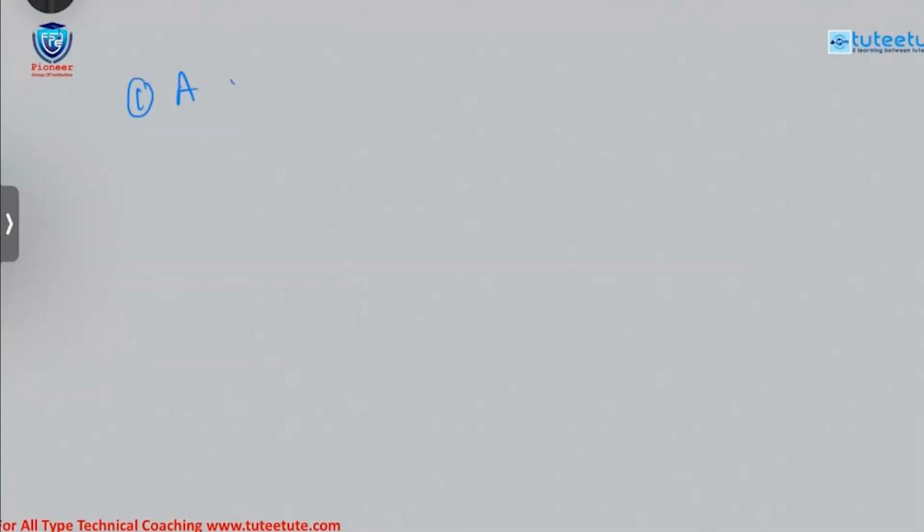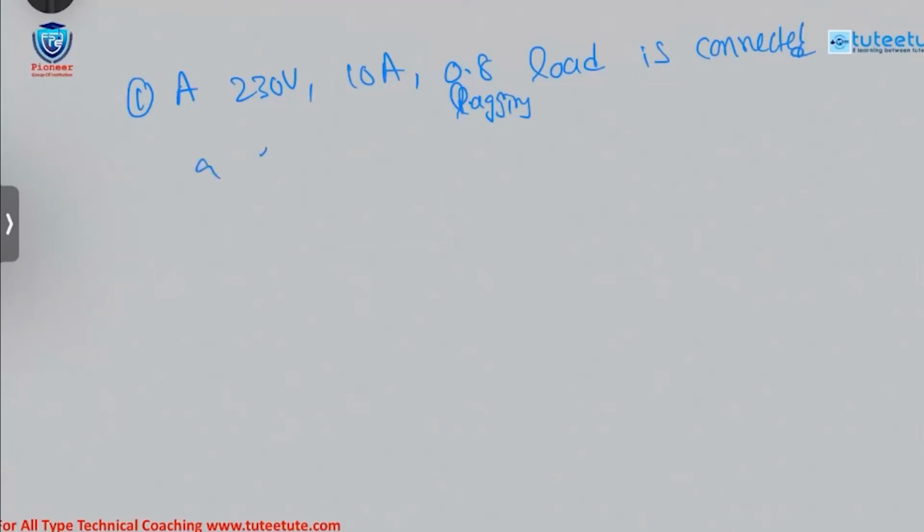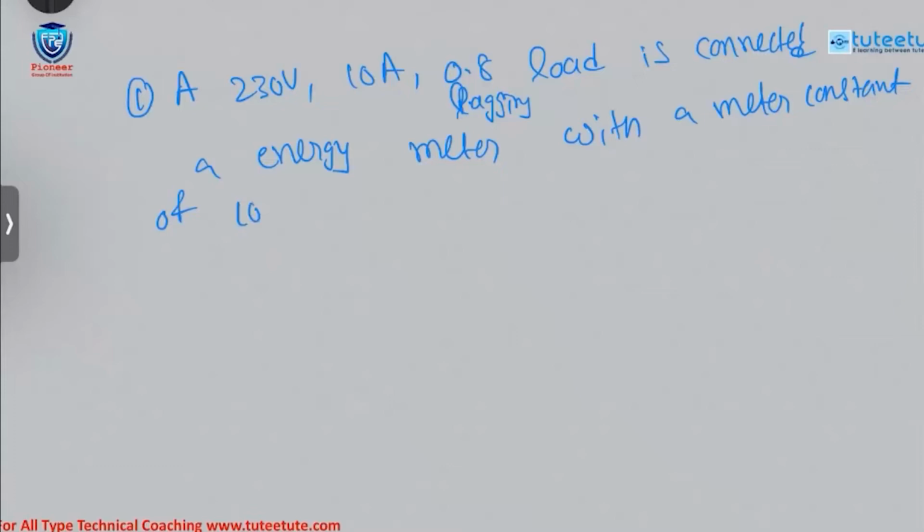A 230 volts, 10 amps, 0.8 power factor lagging load is connected to an energy meter with a meter constant of 1000.